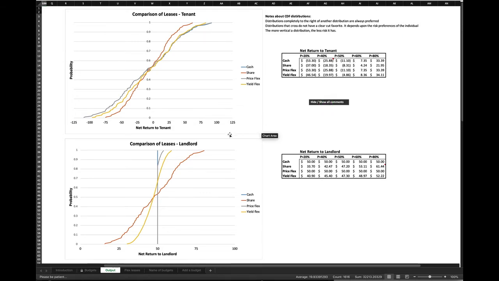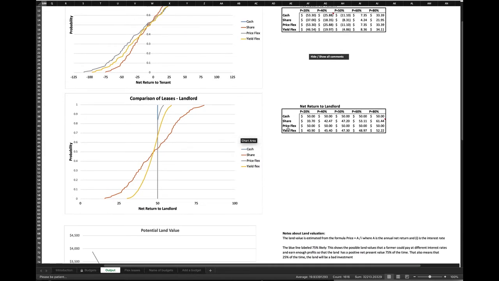Okay, so let's look at the landlord, because maybe it might be a little bit more interesting case here, because I think you can see the difference between a share versus cash lease pretty readily. Well, pretend you're a landlord and you have land rented out as a cash lease. Well, that's a pretty riskless return to you, because you're going to get that return every single year. And you can see one of the defining characteristics of how the shapes of these graphs look.